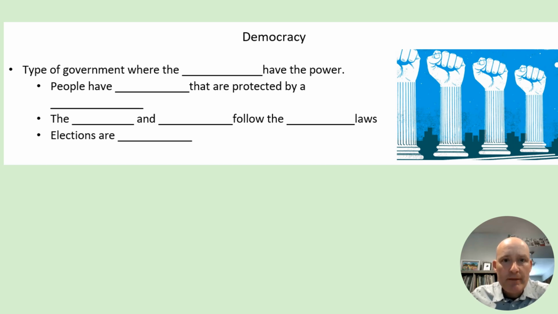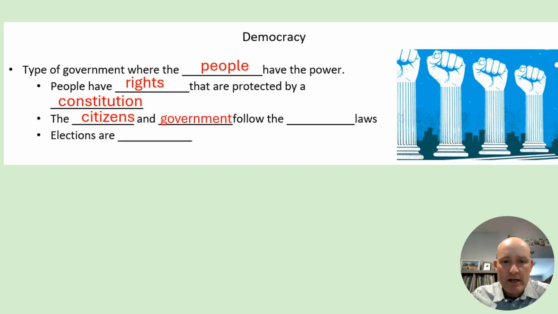So when we talk about a democracy, this is a type of government where the people have the power. And that's important because they also have rights that are protected by a constitution, something that's written down. Okay. So the people are the ones that put the people in power.